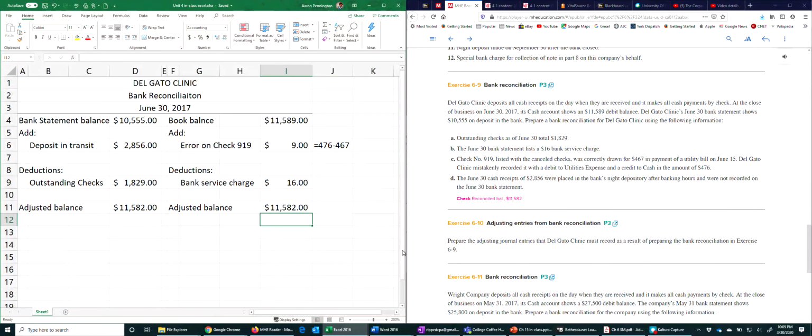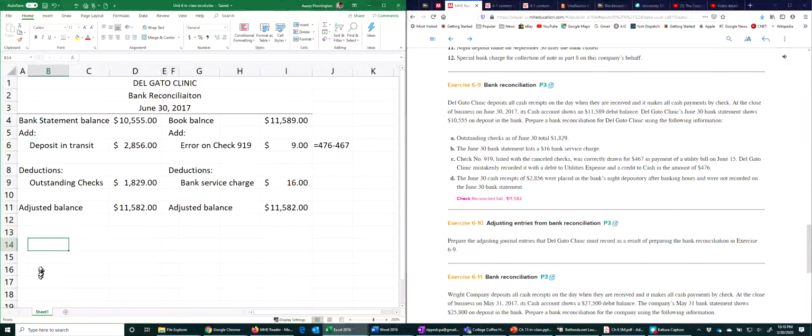And the reality is that anytime you have an addition or a deduction to the book balance, those are unrecorded transactions. So all 6-10 is asking us to do is to record the journal entries that were previously unrecorded. All right, so we'll do that.